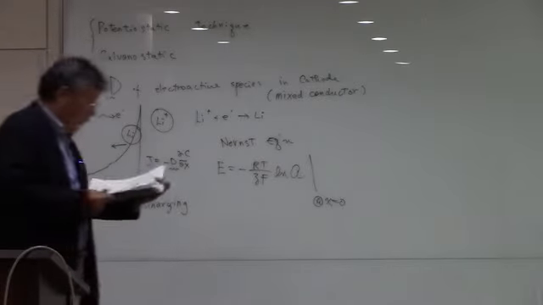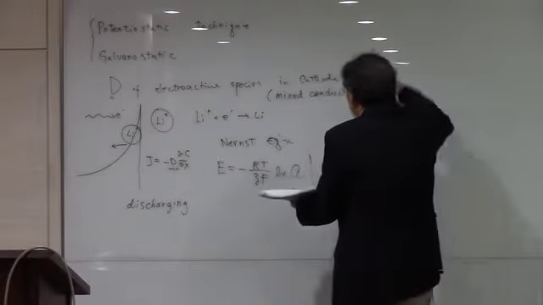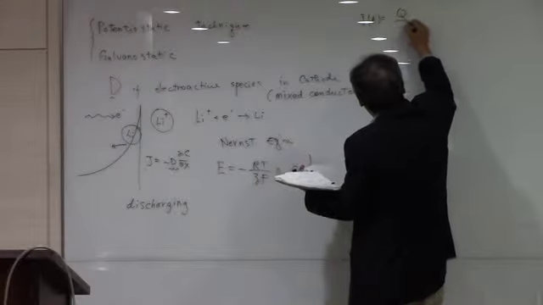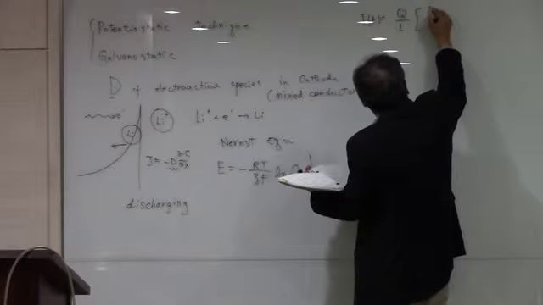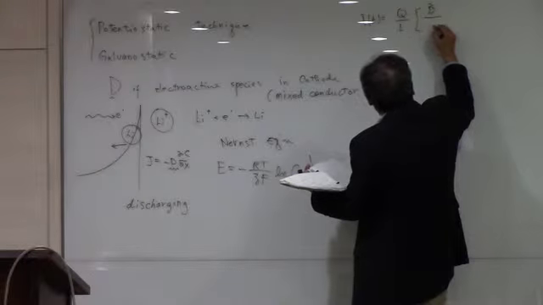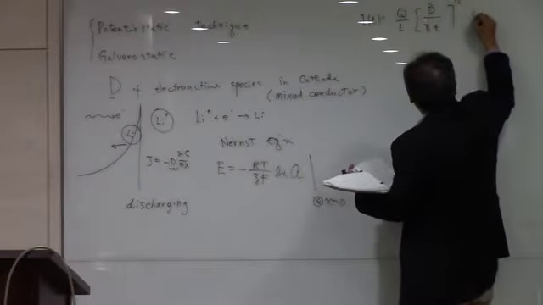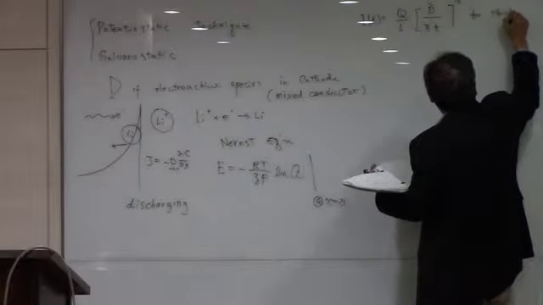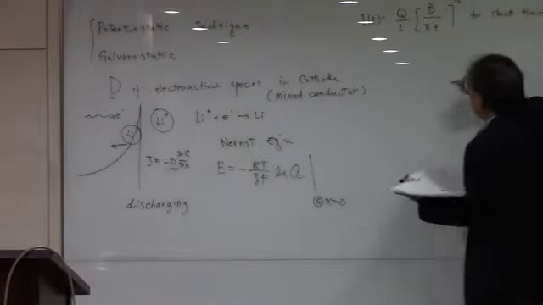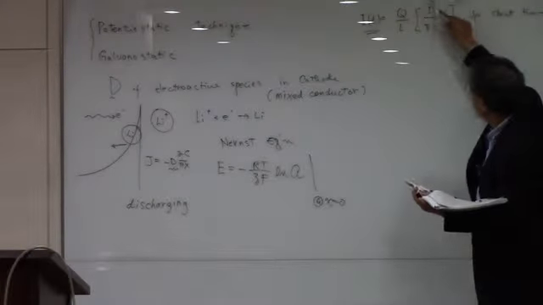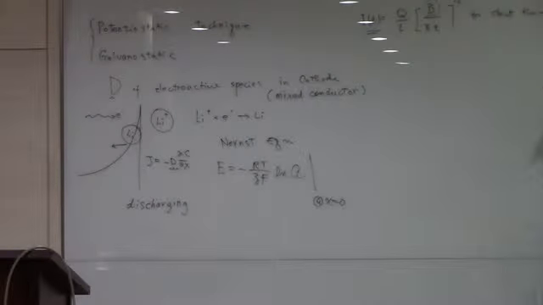Especially the current that you monitor is going to be Q over L, square root of D over pi t, for a short time. So if you monitor the current change, then you can determine the diffusion coefficient according to this equation at the early stage of the experiment.